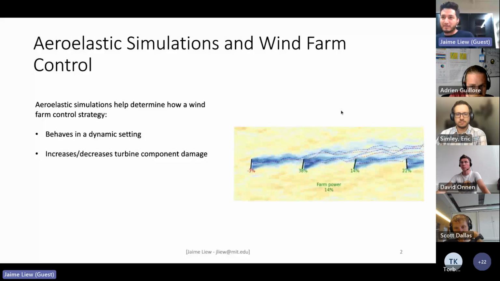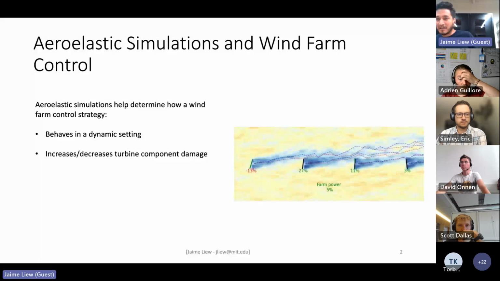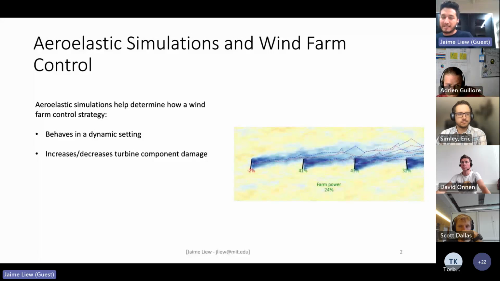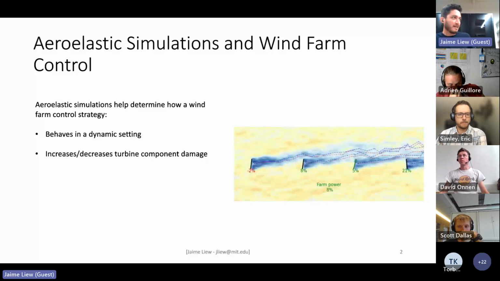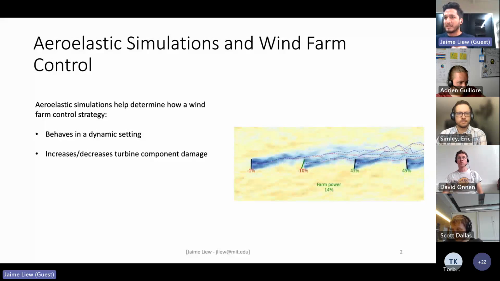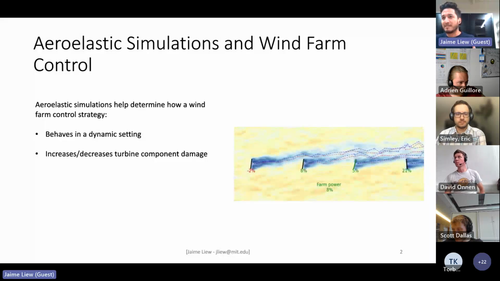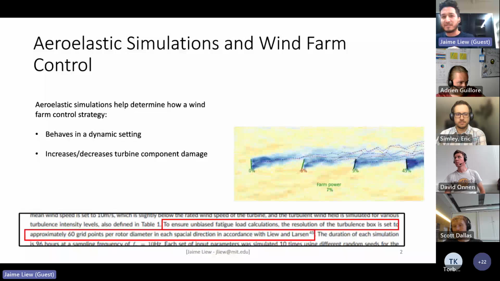And on the right here we have an animation from a previous study I did where I did yaw steering, and there is a power increase. But what I also wanted to see is how the fatigue loads were influenced, and I wanted to set up this simulation in a way which actually could, in an unbiased and somewhat accurate way, say what the fatigue loads are and how they increase or decrease.